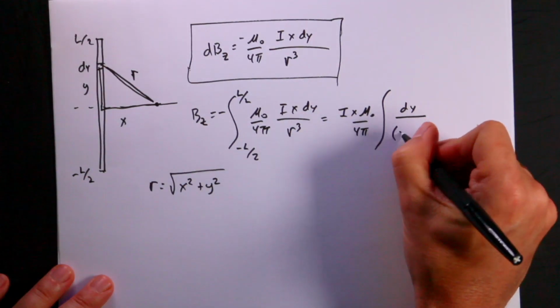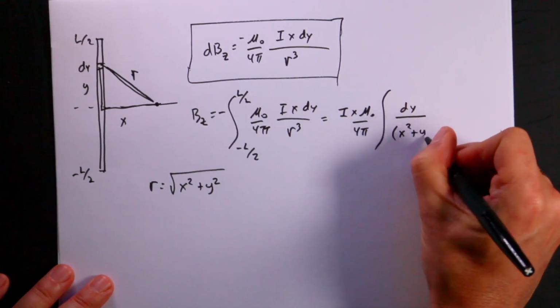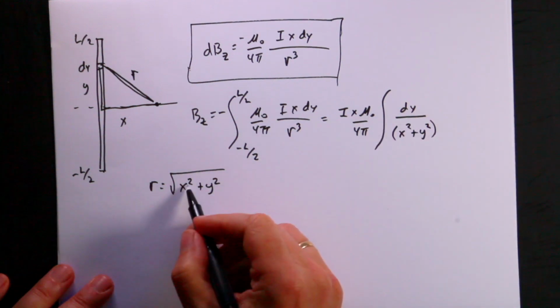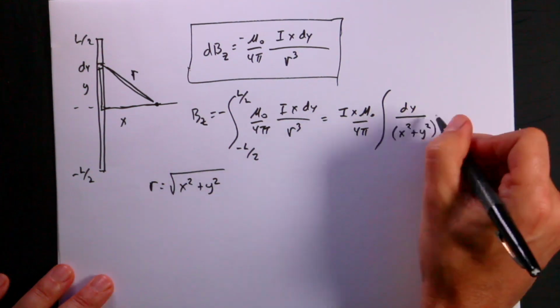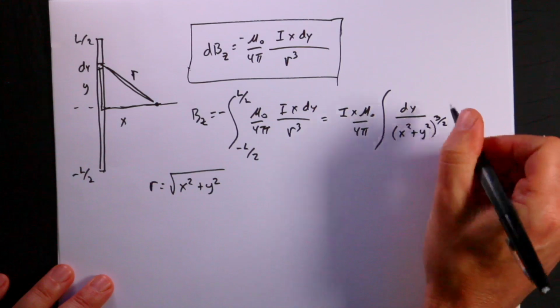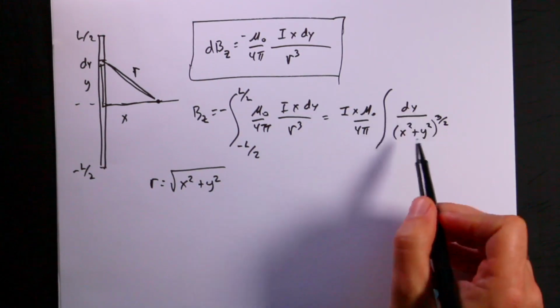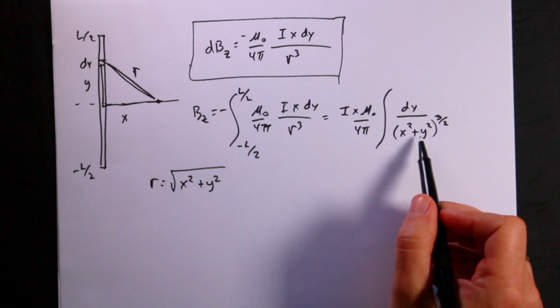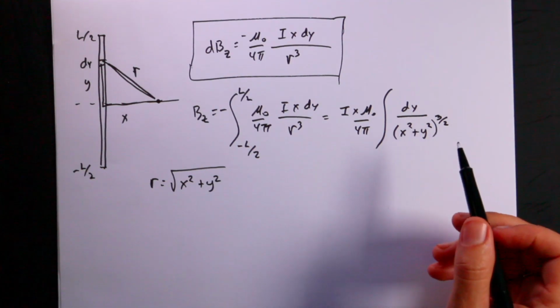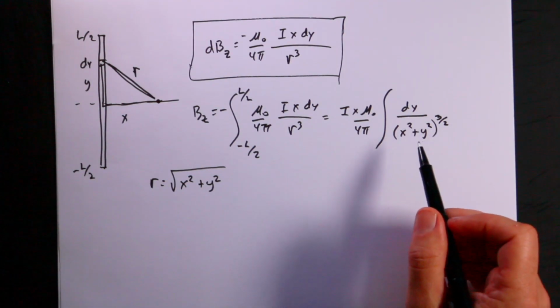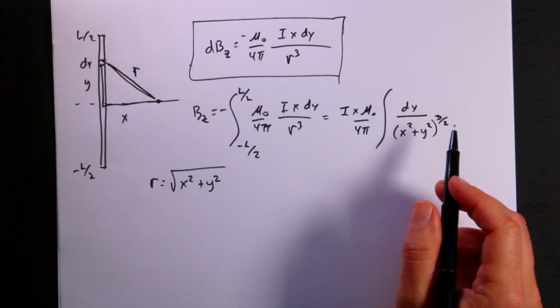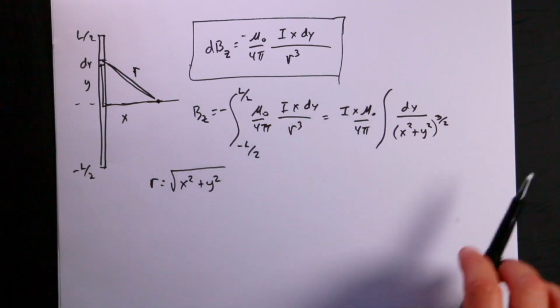So that's going to be x squared plus y squared to the 1/2 raised to the 3rd power, so to the 3/2. Now I can integrate this, right? Because I have the integration variable dy. The only thing in here that changes is y, so it's an integral. How do you integrate this? I honestly don't remember. It probably is using parts, but I'm not going to do it.